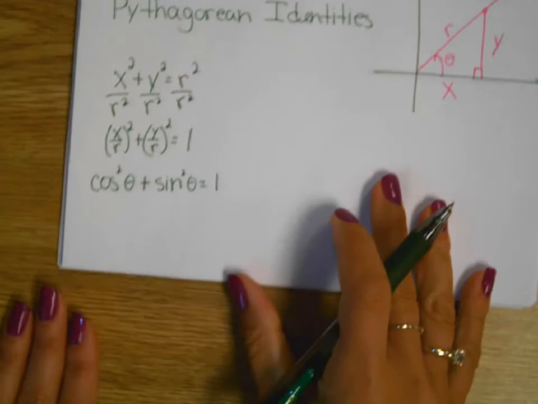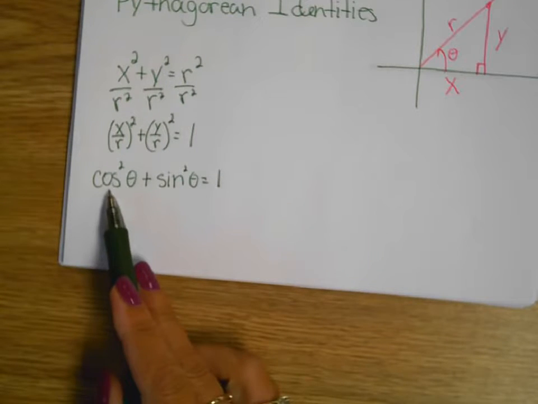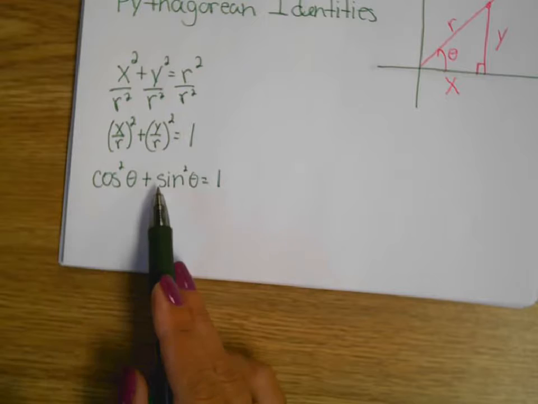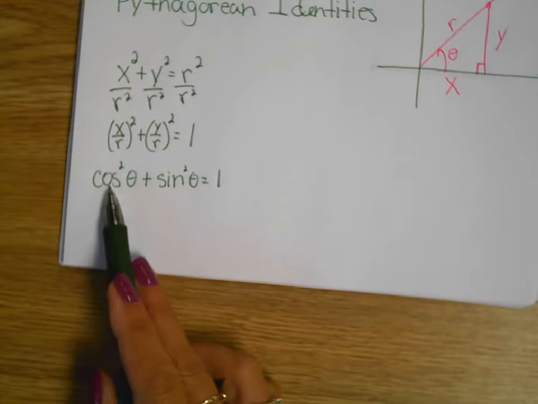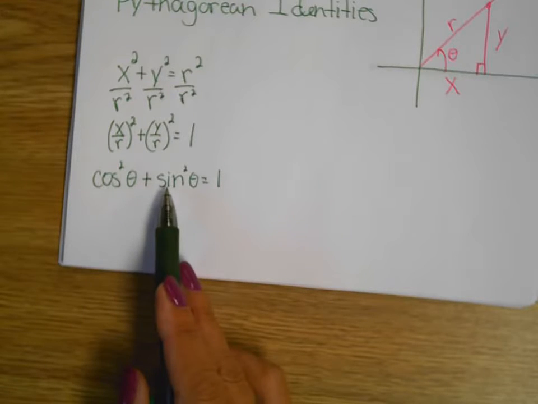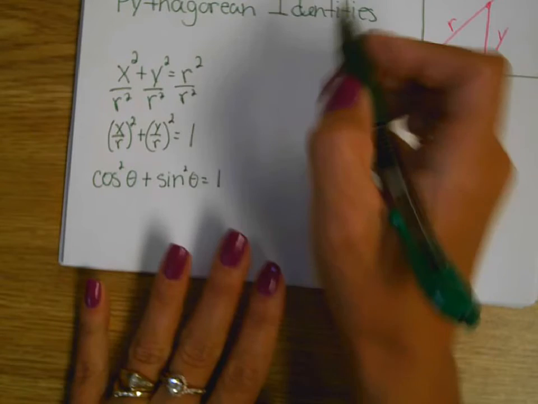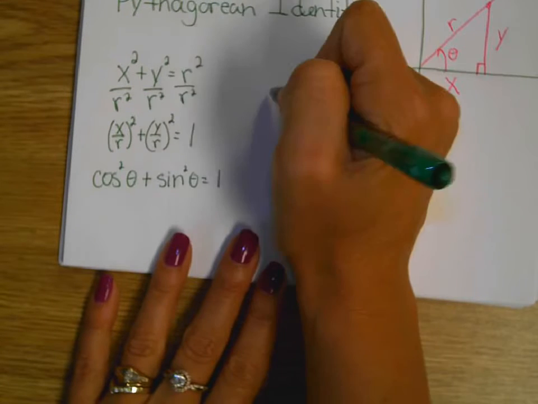So what this does for me is, if I know cosine, I can now find sine. Or if I know sine, I can now find cosine. So now I've got a relationship that's going to let me, given one of these, find the other one. It's a good thing. Okay? So we created the first Pythagorean identity by taking Pythagorean theorem and dividing through by r squared.